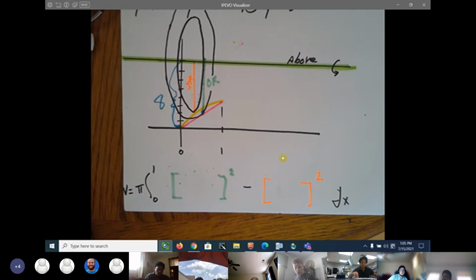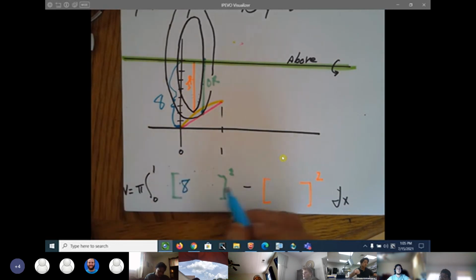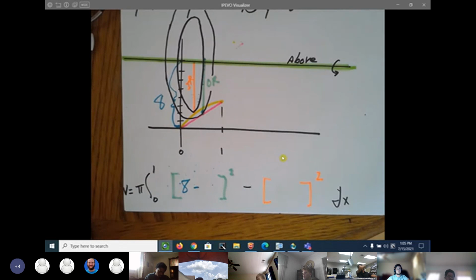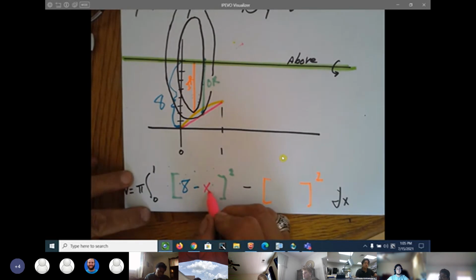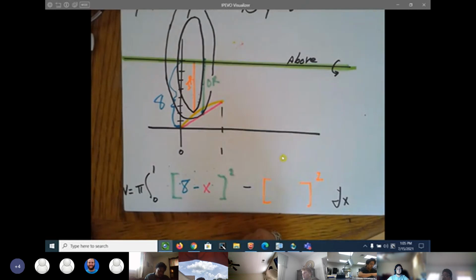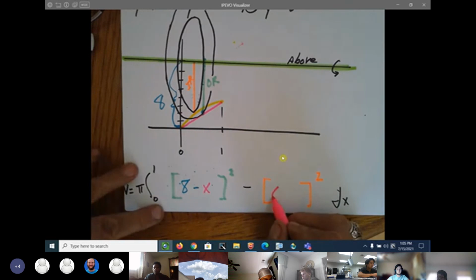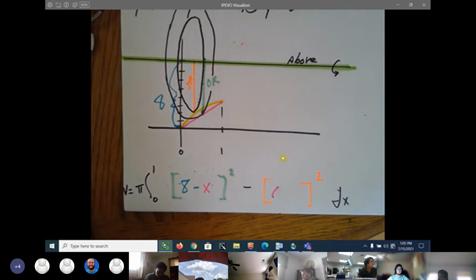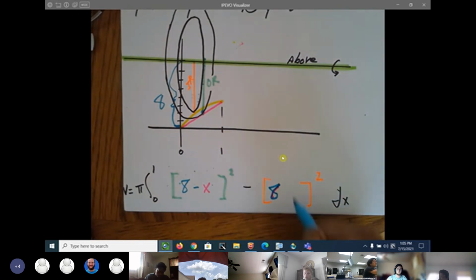So that's going to be 8. I'm going to put 8 in blue, minus x in pink, because that's the x. And somebody tell me what the inside radius is. 8 minus what? Square root of x.